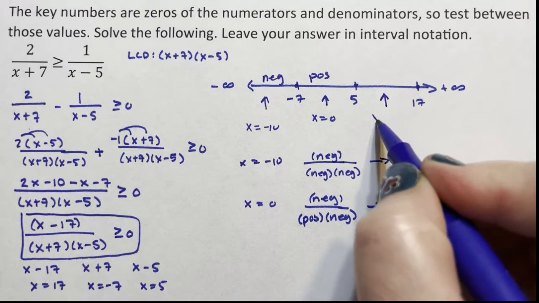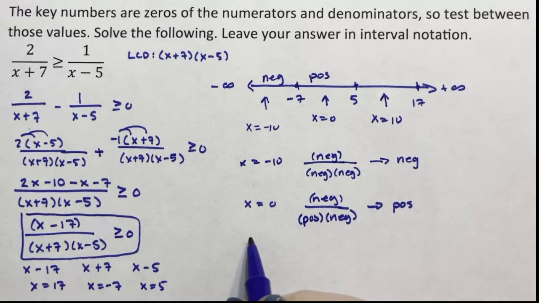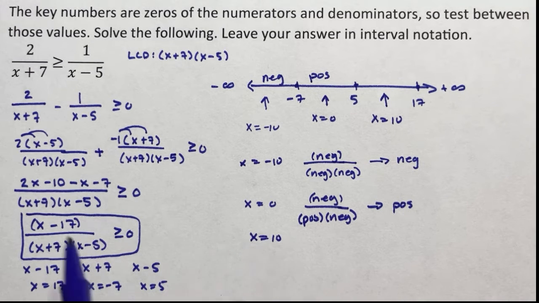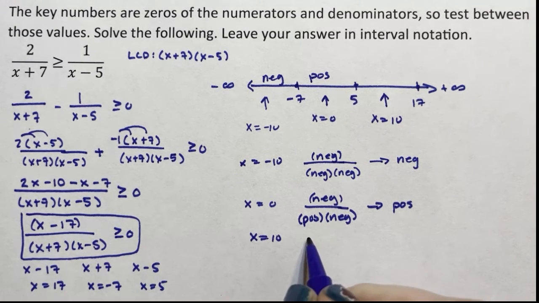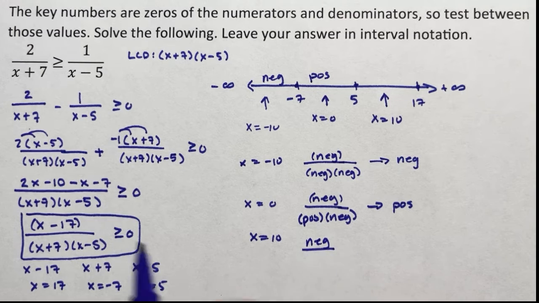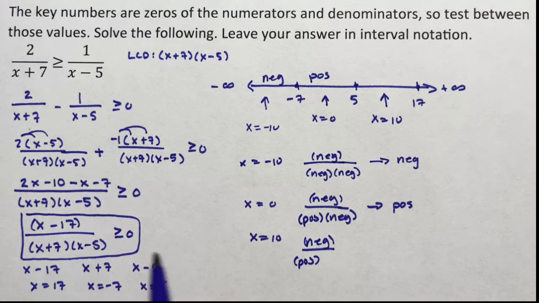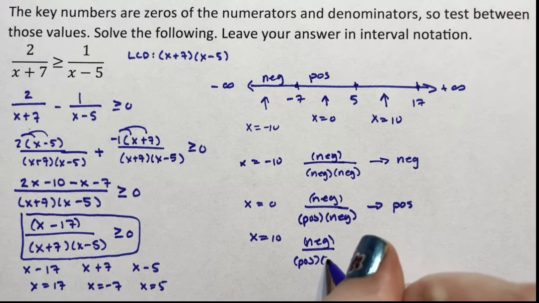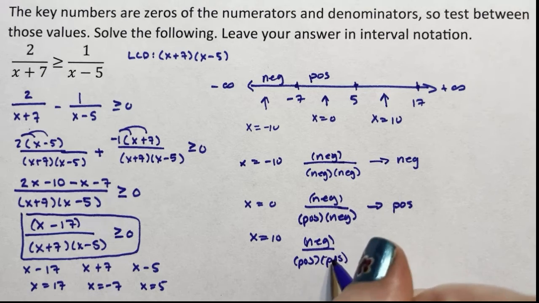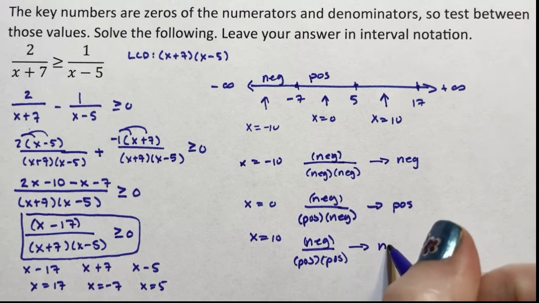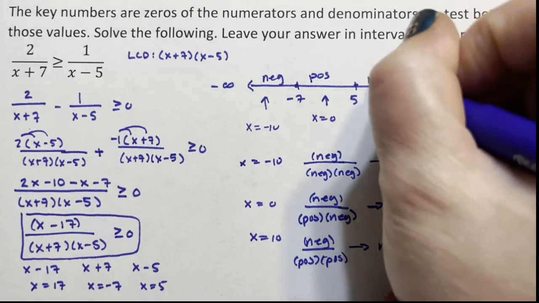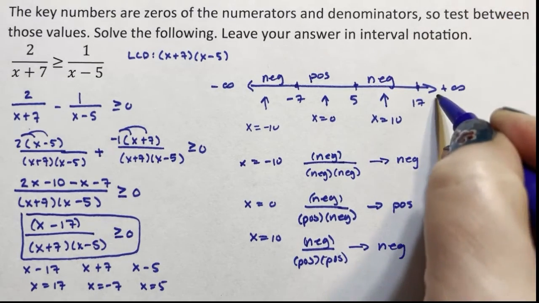Next interval, we will take 10. 10 minus 17 is negative. 10 plus 7 is positive. And 10 minus 5 is positive. Well, the denominator is positive, but that negative up top is going to make the whole thing negative. And then we'll come over here.